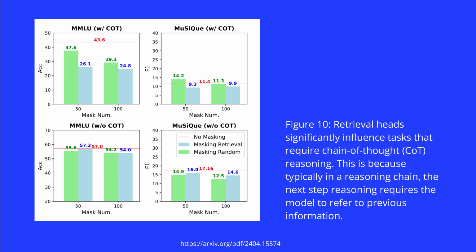Another insight that is absolutely amazing, and I just read this: those retrieval heads significantly influence the tasks that require chain of thought reasoning. And I said, how is this possible? Come on, this is not true. But then I started to think a little bit about it, and I said, okay, whenever you have a complex chain of thought reasoning, you need access to all the data.